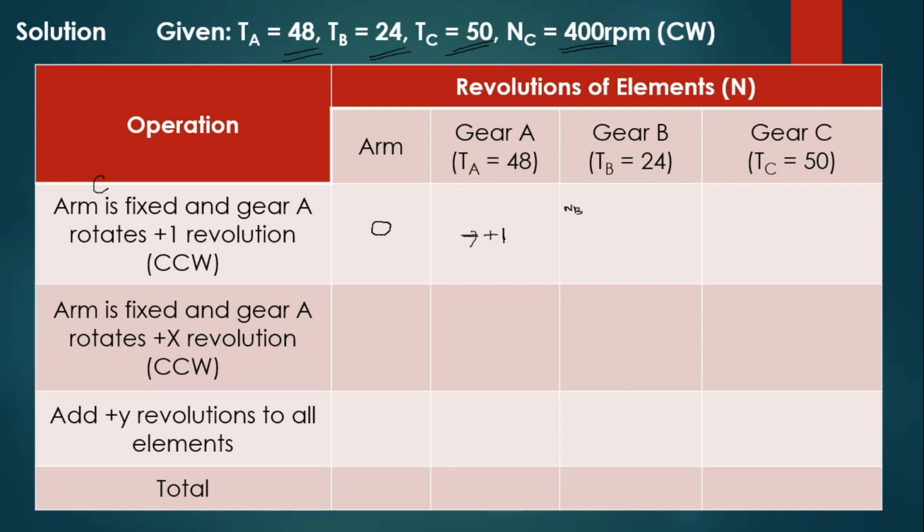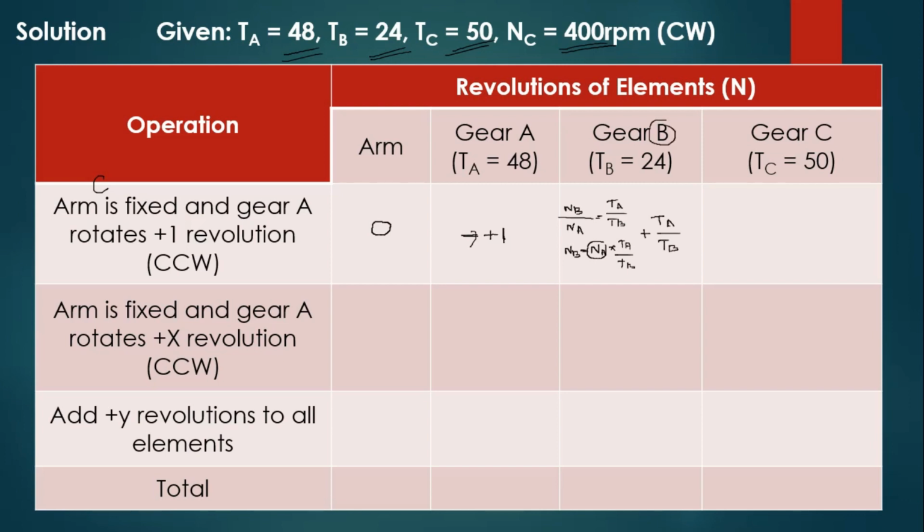NB divided by NA is equal to TA divided by TB. So NB is equal to NA into TA by TB, right? What is the value of NA? Plus 1. So here plus TA by TB. This is the equation for NB.